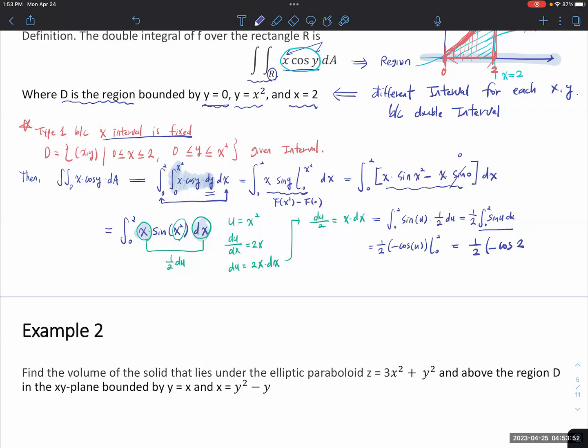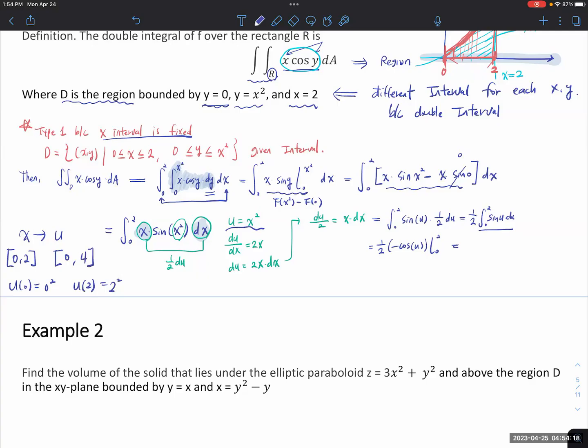Am I correct? Oh, actually, I made a mistake. Where do I have a mistake? Because we changed everything from x to the u variable. When you have the x variable, the interval was 0 to 2. We have to also change it for u. So according to here, u at 0 is going to be 0 squared, 0, and u at 2 is going to be 2 squared, 4.